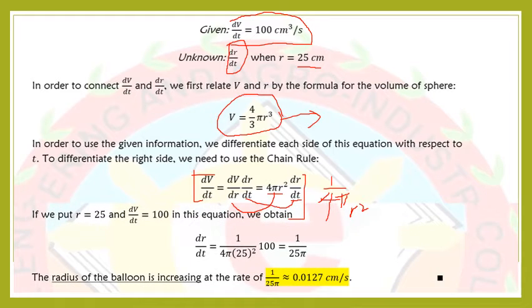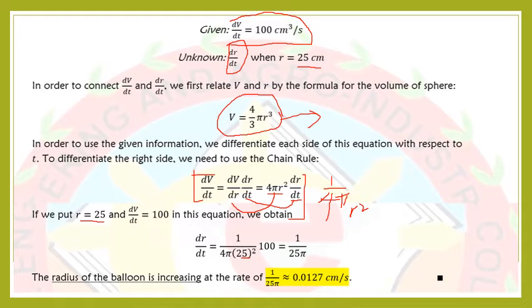If we put r is equal to 25, take note class, yung sa given natin na 50, pakipalitan ng 25. So if we put r equals to 25 and dV over dt is equal to 100 in this equation, so we obtain dr over dt is equal to 1 over 4 pi times, replace r by 25 kasi given man siya, diba?